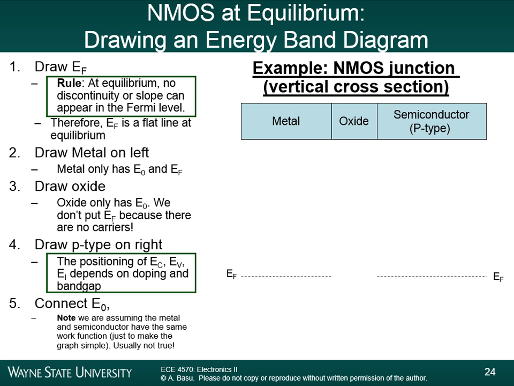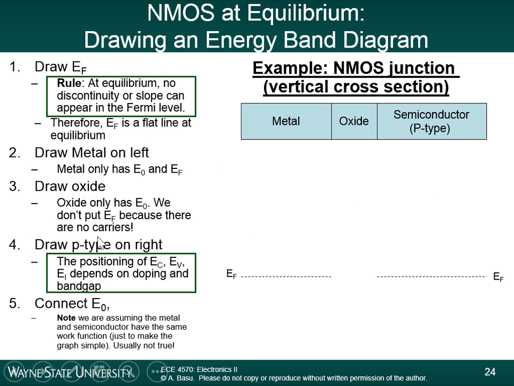Now we can also draw energy band diagrams for oxides, for insulators. So in the insulator, we actually don't even bother drawing the Fermi level because remember that the insulator really is non-conductive under most circumstances. Okay, so that's why we're leaving out the Fermi level in the oxide.